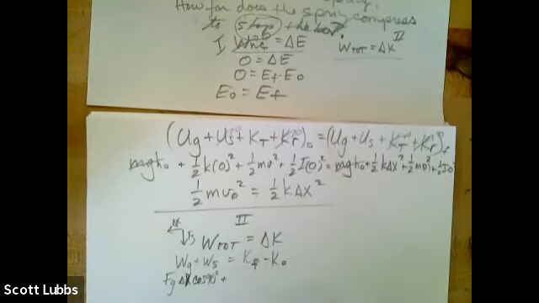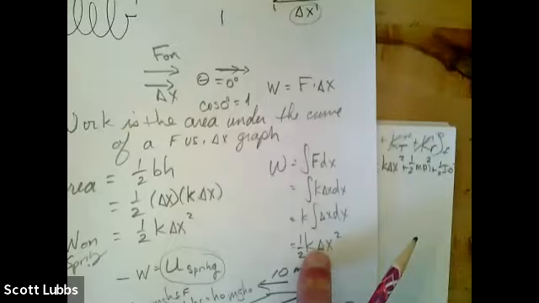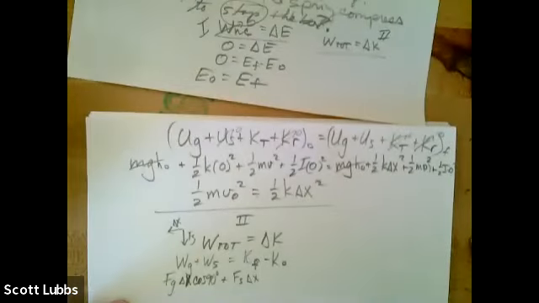All right, plus the work done by the spring. Work done by the spring is the force of the spring times delta X. That's what we did up here. It's a changing force, so you either have to do it in this way or using the area, which is 1/2 k delta x squared.